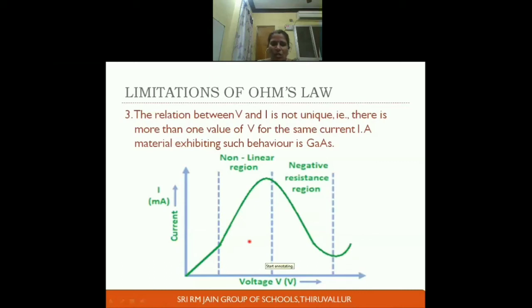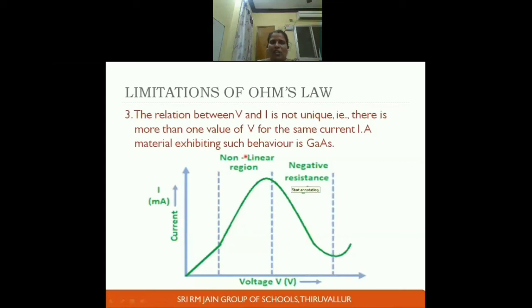You can also see here, for the same value of current, for example, it may be 3 ampere or something, whatever it is, the voltage is something. And again for the same 3 ampere you are getting another voltage also.